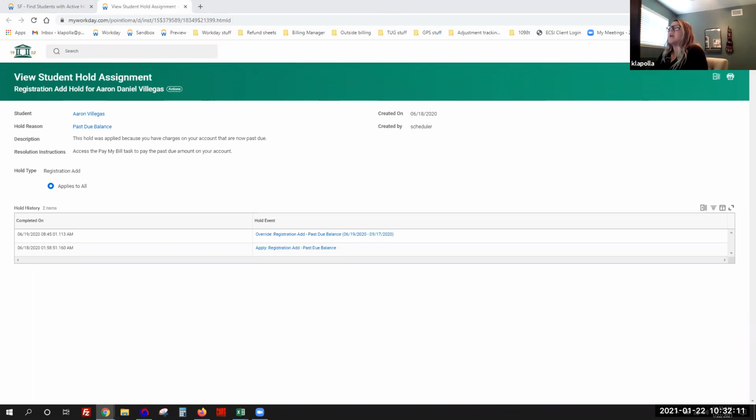So we would go in and override the hold to say, we know this guy is good to go, allow him to register, but at this date, we should have the VA money. If we don't, put a hold on it, essentially, is the reason for the override. This student has a past due balance.